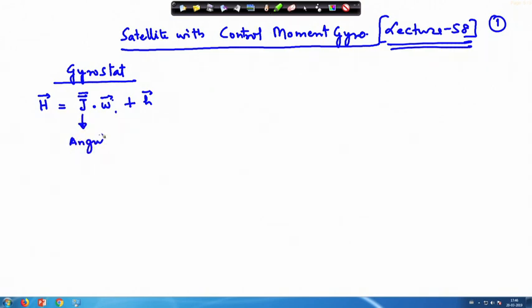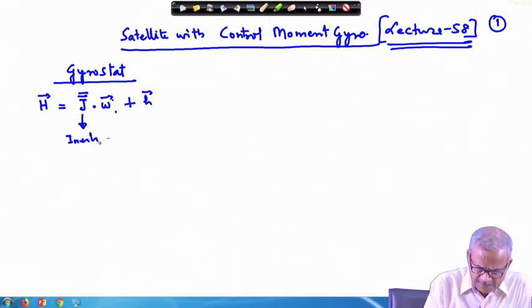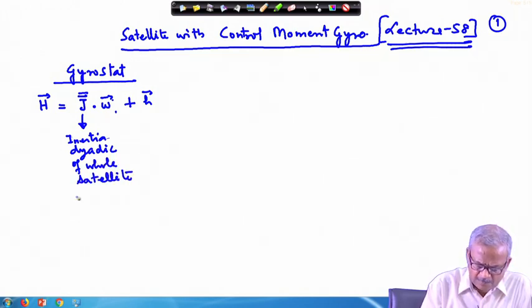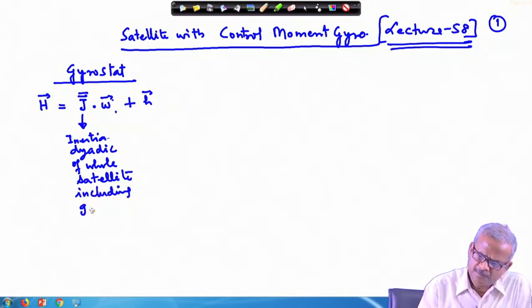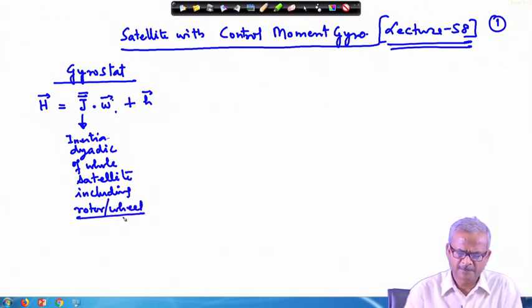angular momentum, this part is the moment of inertia dyadic. So, this is the inertia dyadic of the whole satellite including the rotor wheel, or simply the rotor wheel.